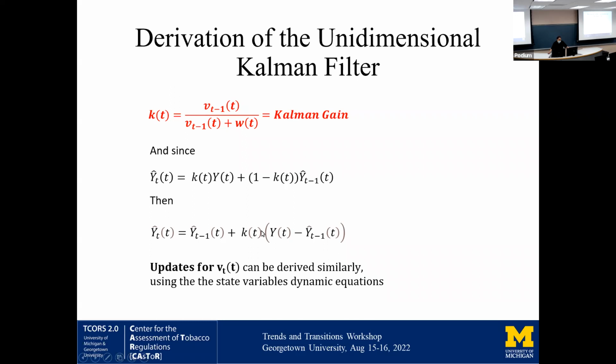And this is the correction factor: what I see minus what I projected. And then I'm going to multiply that correction by a Kalman gain. This is this parameter.